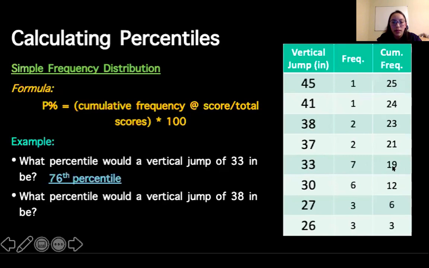That would be 19 divided by 25 times 100, which is 76, right? So you report it as the 76th percentile as an answer. And your answers are also accepted if you present it as a percent or a percentage. It basically means the same thing, okay?